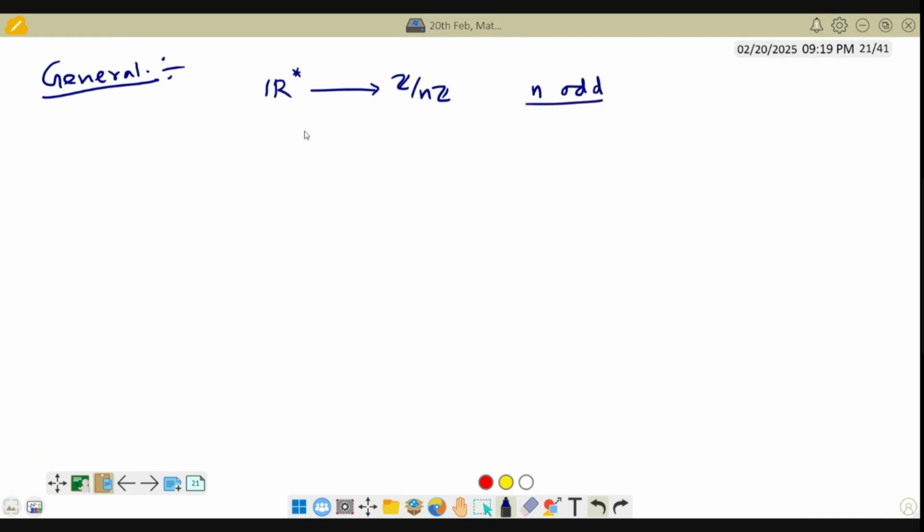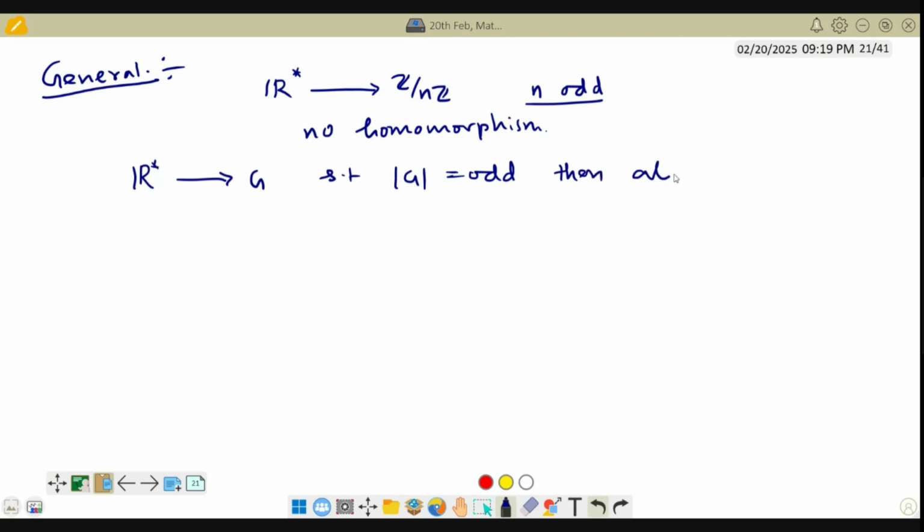In this case, no homomorphism. You can say more generally, from R star to G such that the cardinality of G is odd, then also no homomorphism. Is it clear? Here I am assuming G is finite.